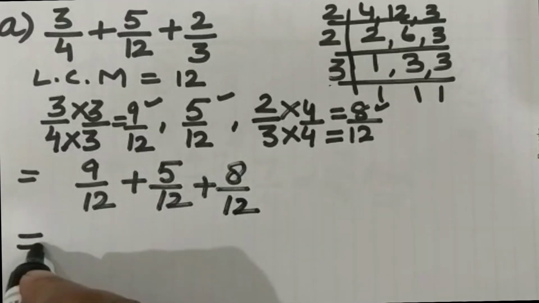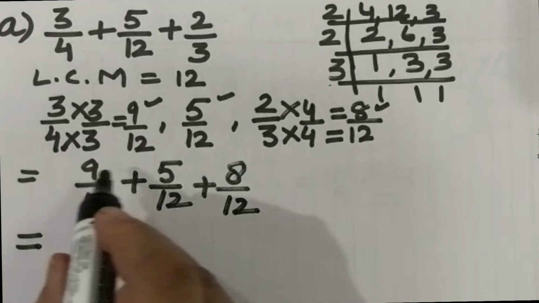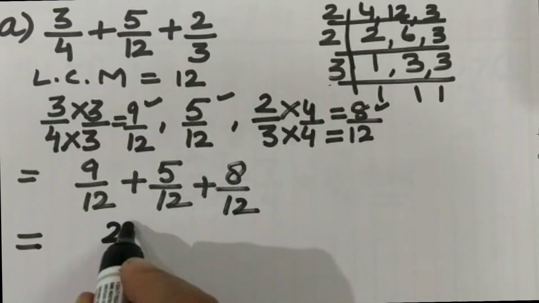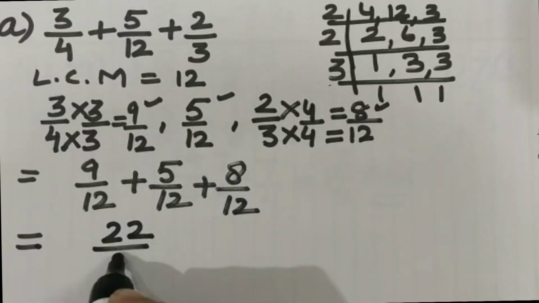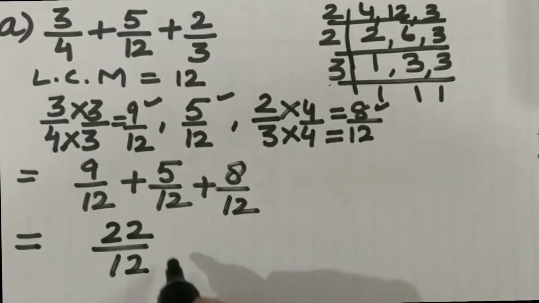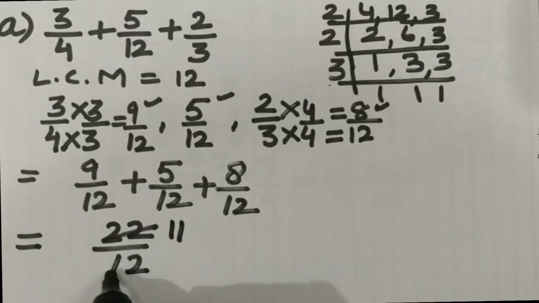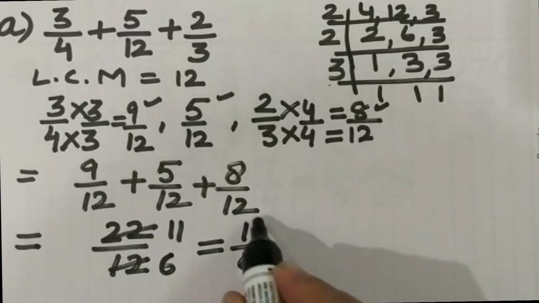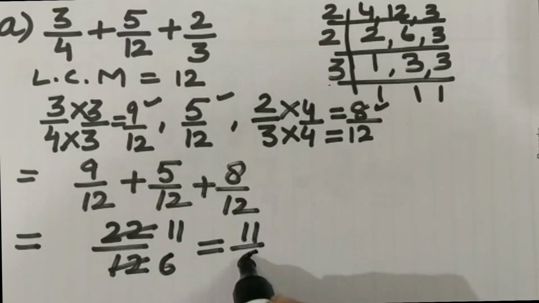So we find 9, 5, 14 and 8, 22 upon 12. And both numbers are multiples of 2. 2 times 11, 2 times 6. So 11 upon 6, again the numerator is greater, so we convert it into a mixed fraction.